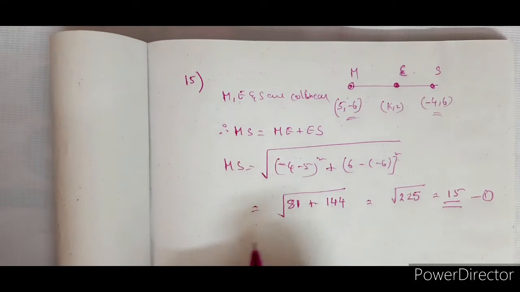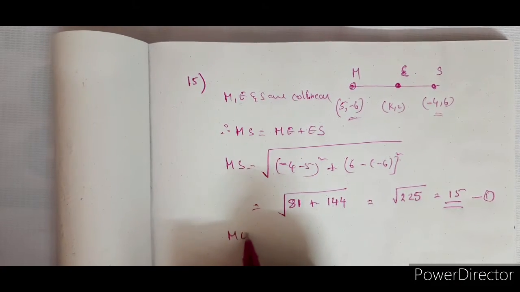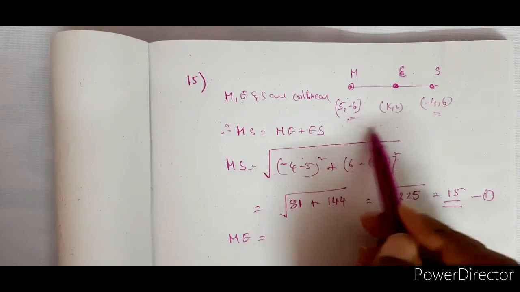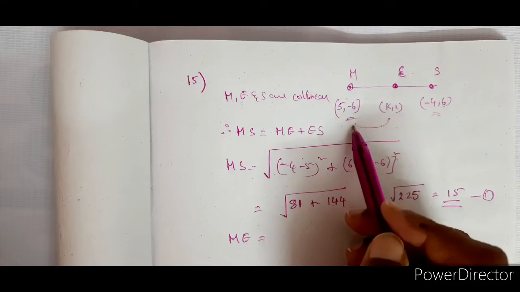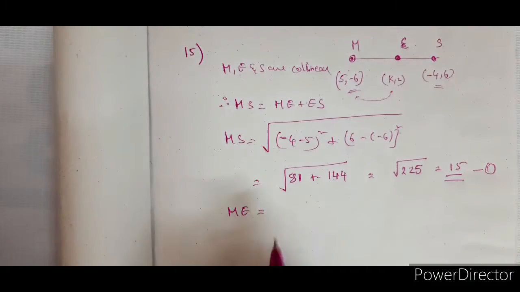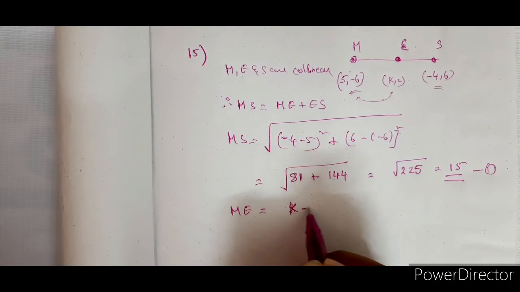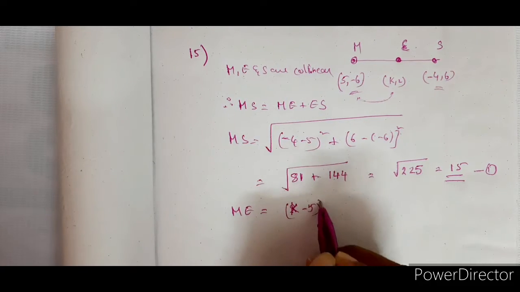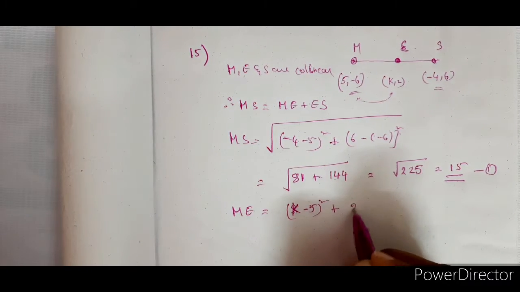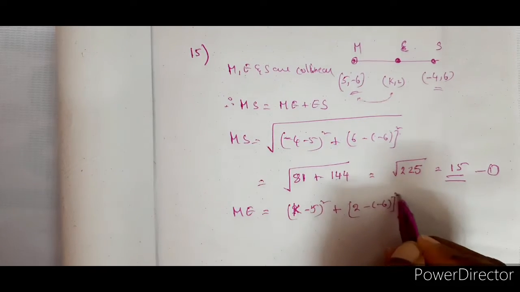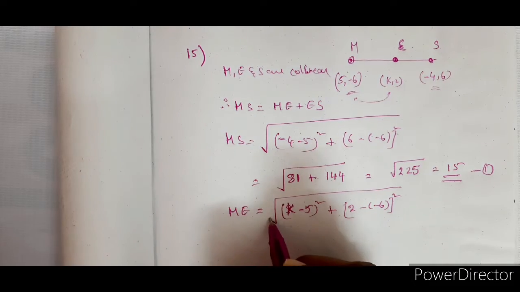Right, now let us find out ME. ME is between these two points. Applying the same distance formula here, square root of (k - 5) whole square plus (2 - (-6)) whole square.